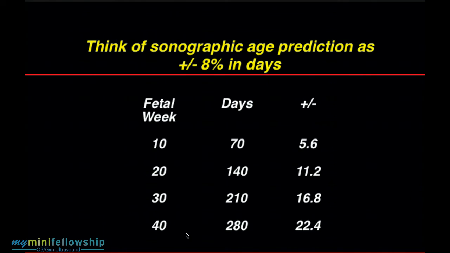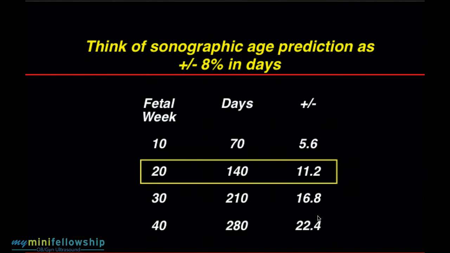So whatever fetal week you're looking at, you can say a standard deviation is plus or minus 8%. That's remarkably accurate for a host of measurements. I don't know why exactly, but it is remarkably accurate. So again, you can appreciate that once you pass 20 weeks, variability is no longer insignificant and caution is appropriate.